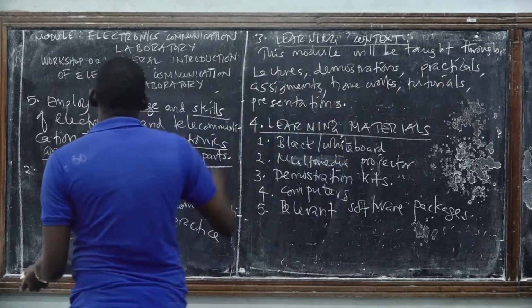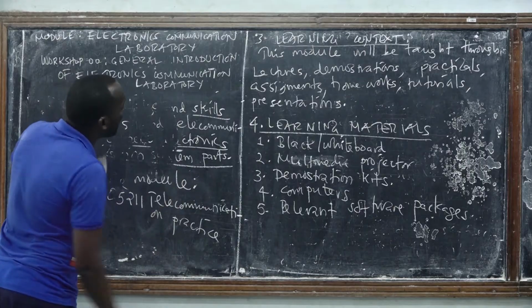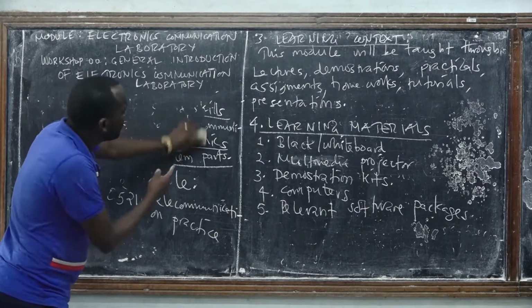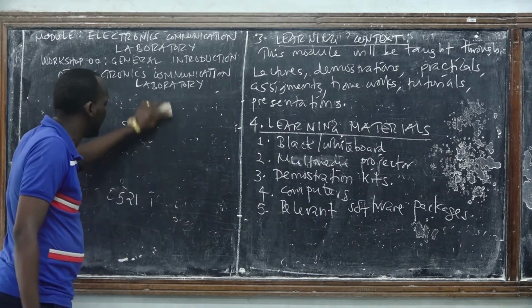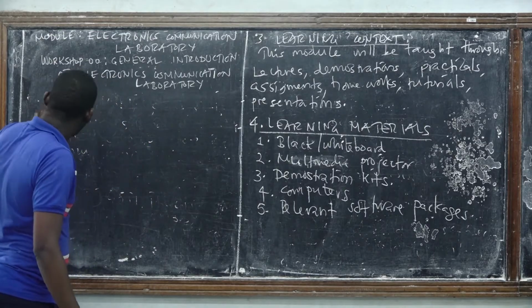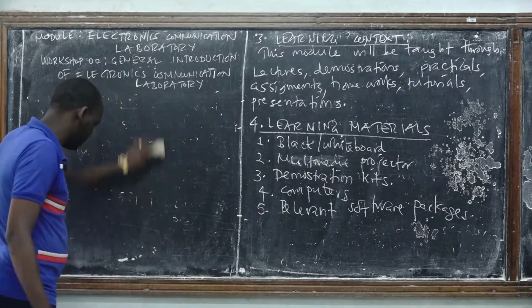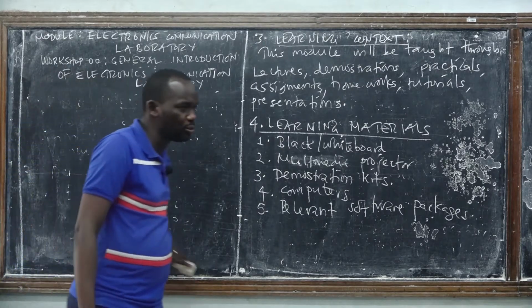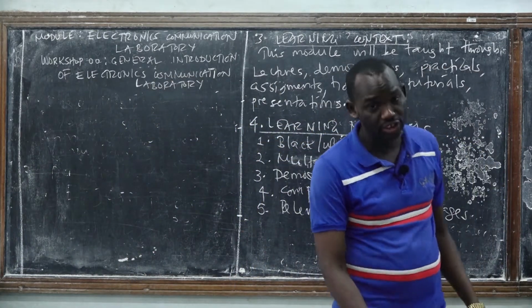These are the learning context and the learning materials that we need for covering the concepts in Electronics Communication Laboratory. Another important part is references. What are the reference books that you need in order to learn about Electronics Communication Laboratory?